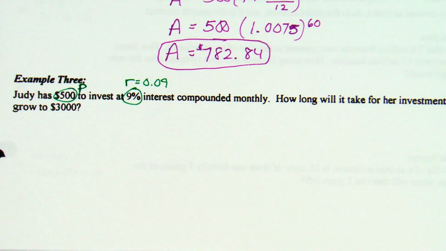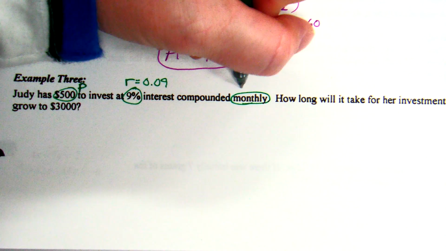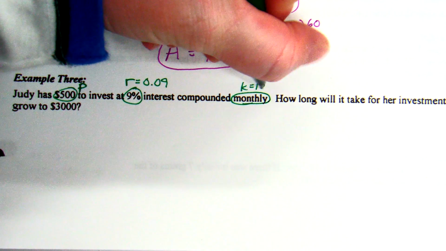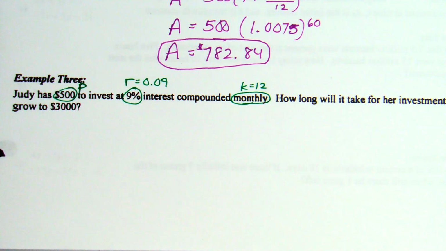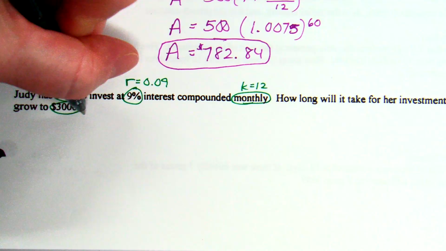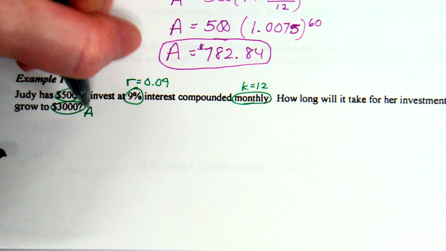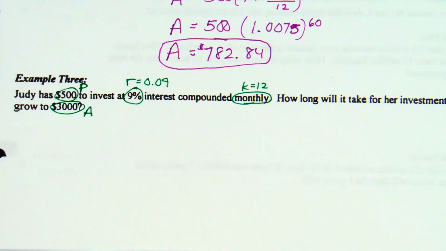R is 0.09. What else do I know? Okay, it's monthly again. Monthly tells me that K is 12. And then A is 3,000, because we want to know how long it will take to get a final result of 3,000.